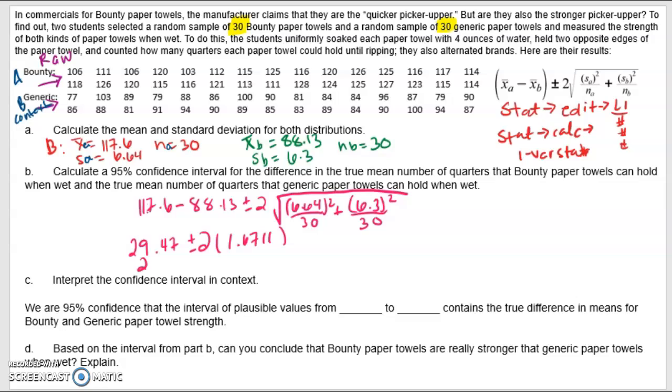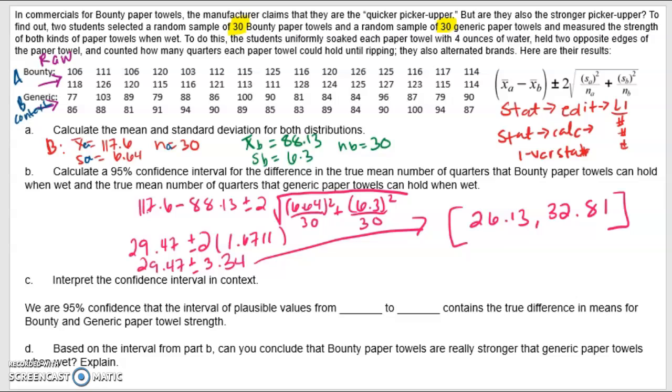So this is 29.47 plus or minus 3.34, for a confidence interval of 26.13 and 32.81.